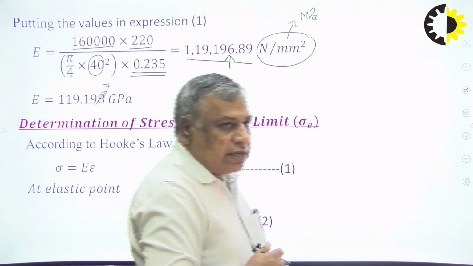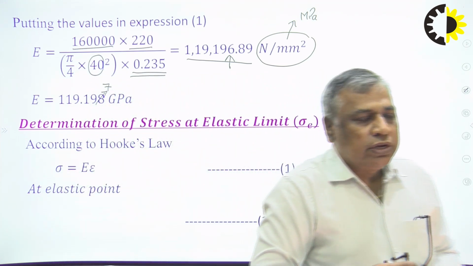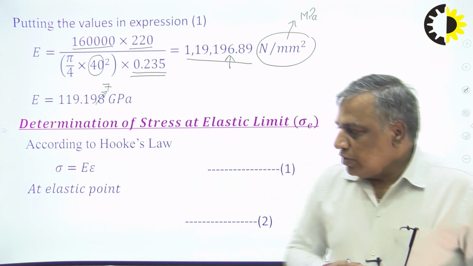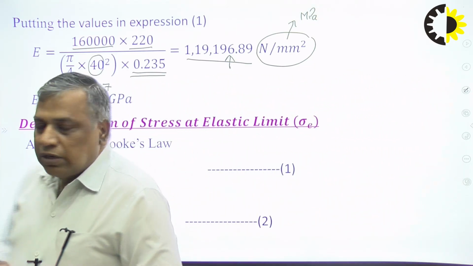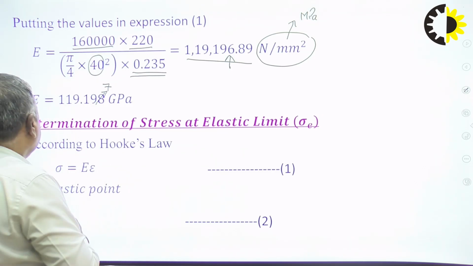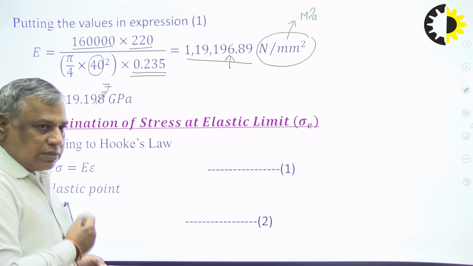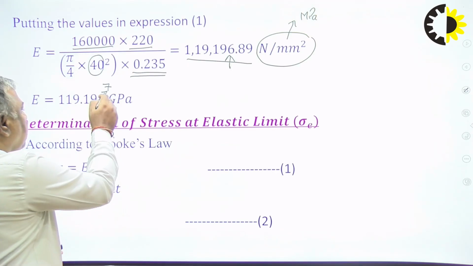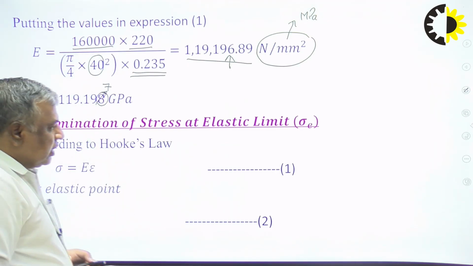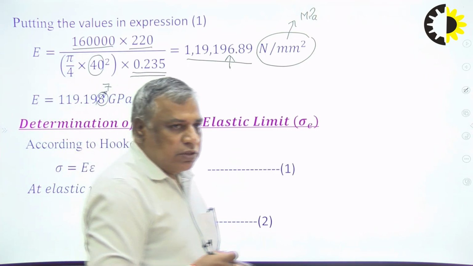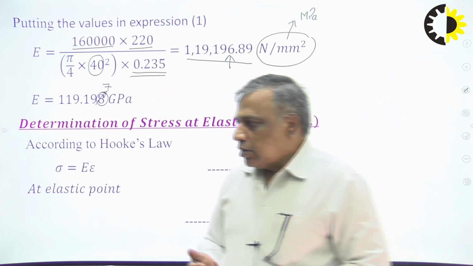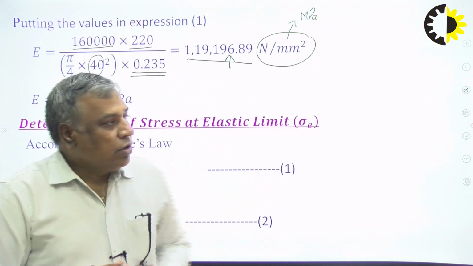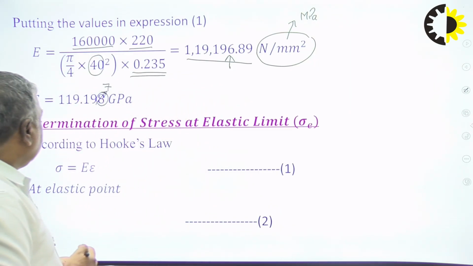We have already decided that it is 119.197 gigapascal, but for the remaining part of this solution I will assume it is 119.198 gigapascal, because there is a typing mistake and I have taken this value for the further steps. So we can change the answer accordingly if I take this as 119.197.